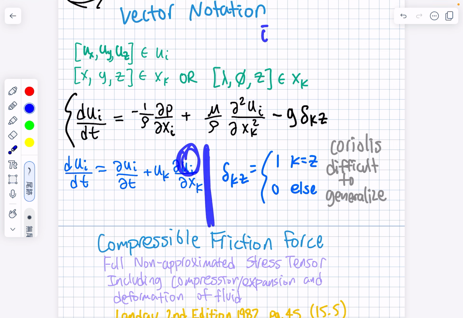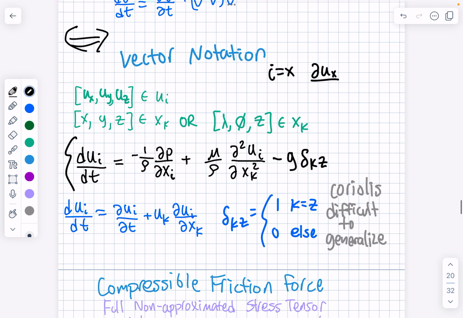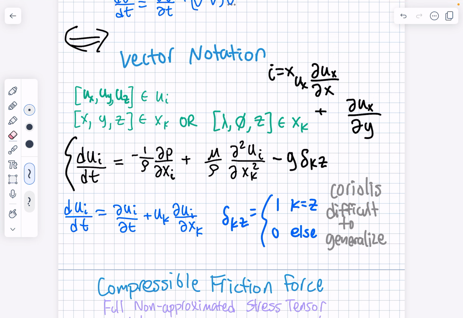So for i equals x, we would have ux dux dx, but then we'd also have plus, again, uy dux dy, which is x2, and then you also have uz dux dz.